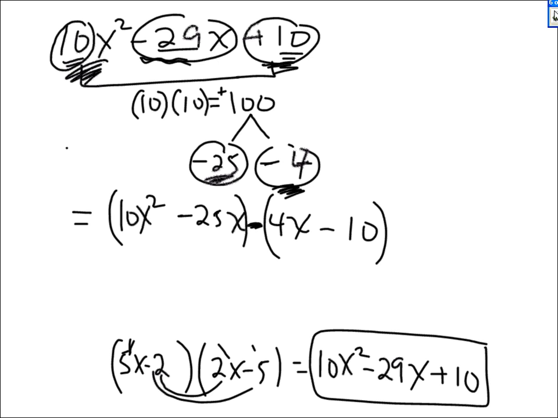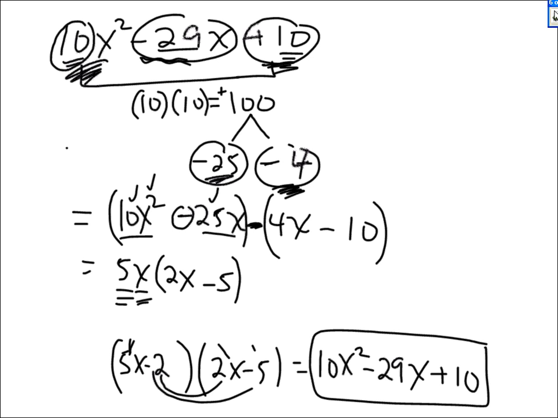And now everything's fine. Between 10x squared and 25x, I can factor out 5x. 5 times 2 gives me 10. x times x gives me x squared. Minus. 5 times 5 gives me the 25. I already have the x.